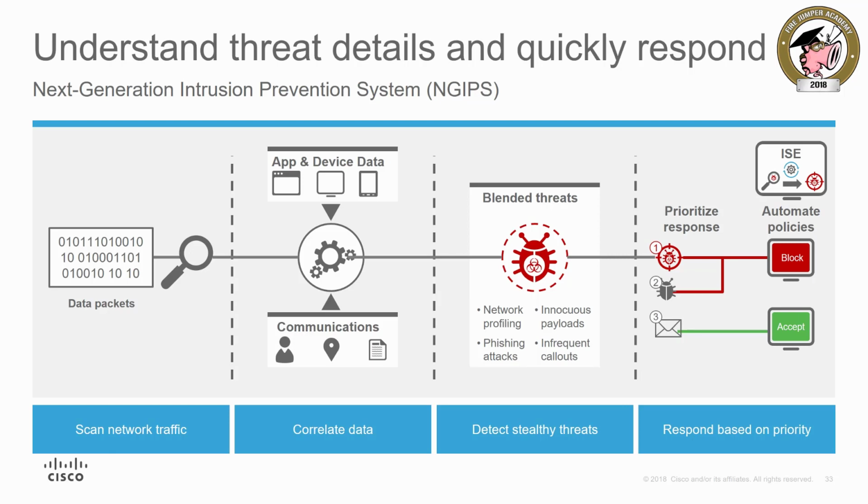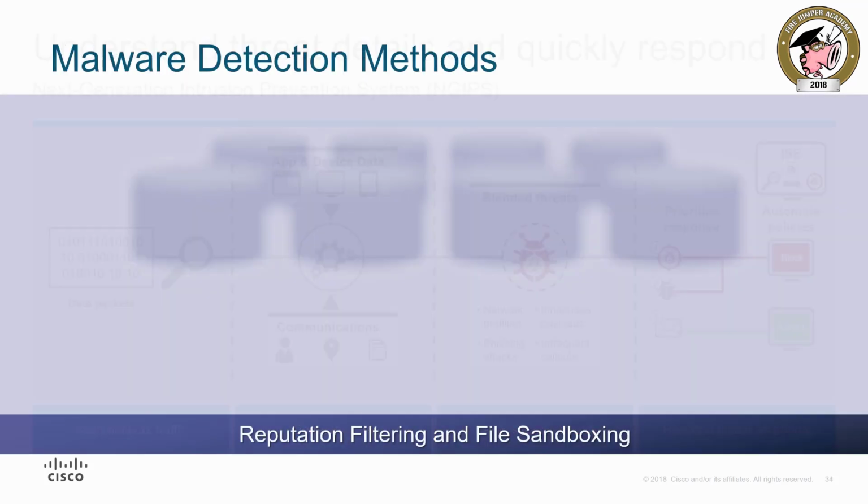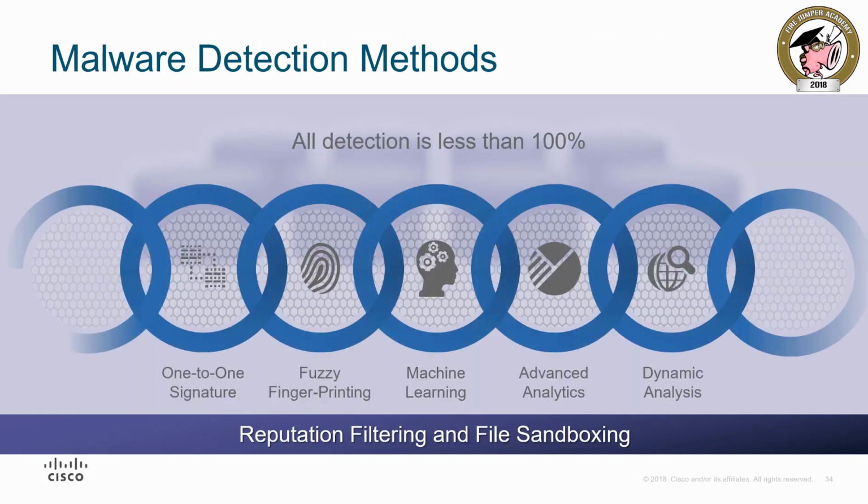Then you can leverage multiple malware detection methods. So you're going to have the ability to leverage engines that provide simple one-to-one signature-based matching, and you're also going to be able to catch what's termed the low-hanging fruit quickly, so that you don't have to go hunting for signs of a breach or indications of a breach.